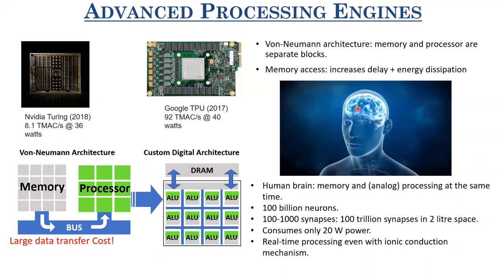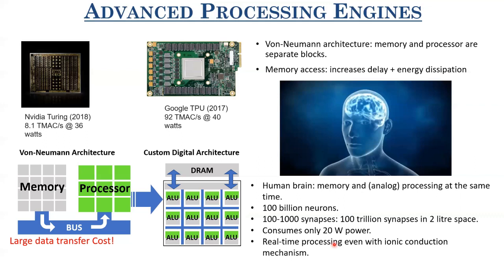Now, why I want to bring this point is that in modern computing systems, in modern wires and all, electricity is conducted with the help of electrons, and we know that electrons are pretty fast. However, in your brain, information is propagated in the form of ion conduction. It flows with the help of a diffusion process.